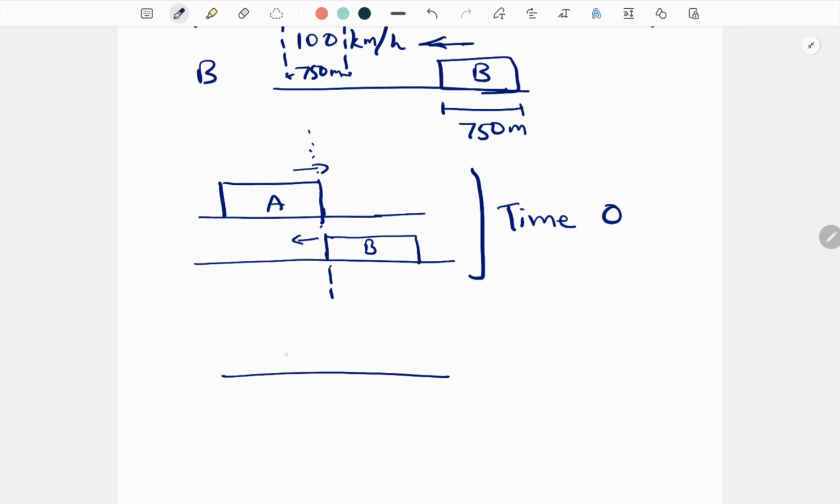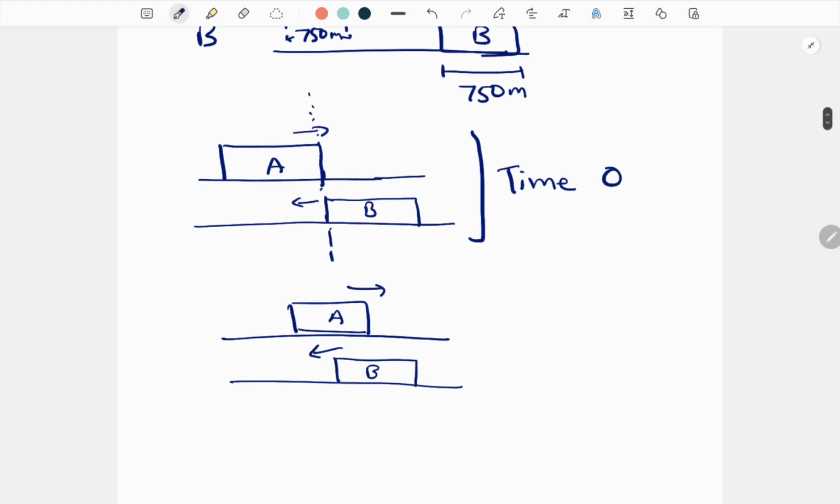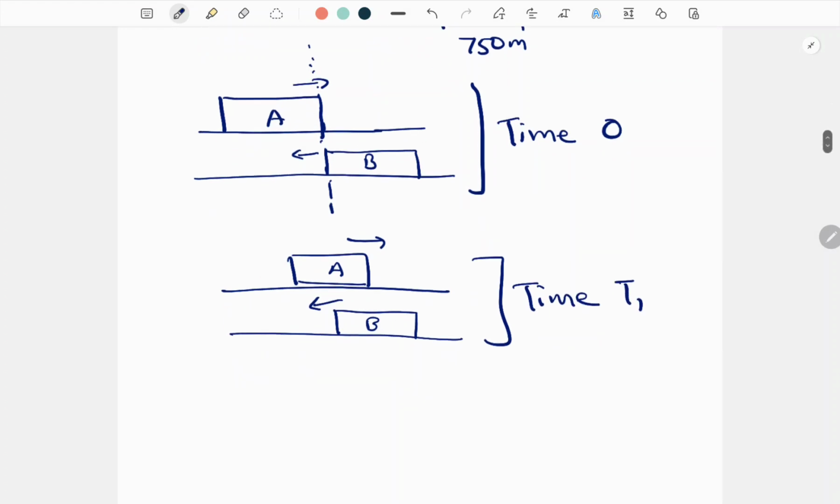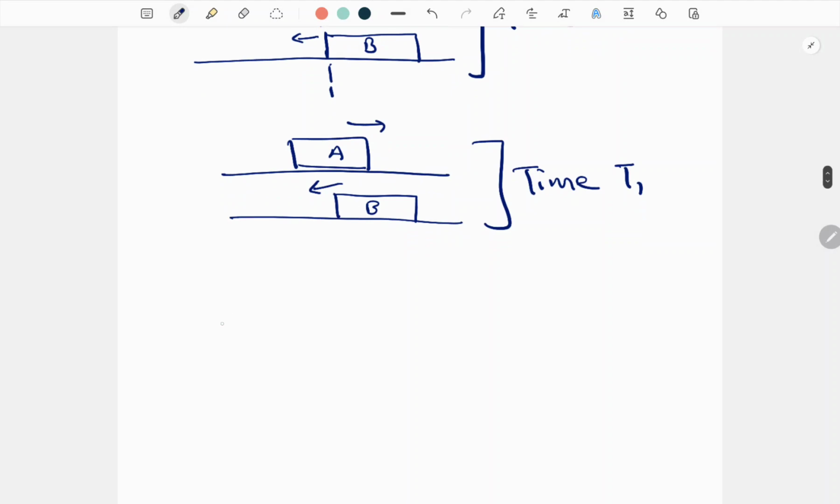Then in a little bit of time, it'll look like this. This is train A, still moving to the east, and train B, they are overlapping on parallel tracks, and train B is still moving to the left. Let's call it time t1. The actual values of these times are not important, but I'm just conceptually explaining what is happening here.